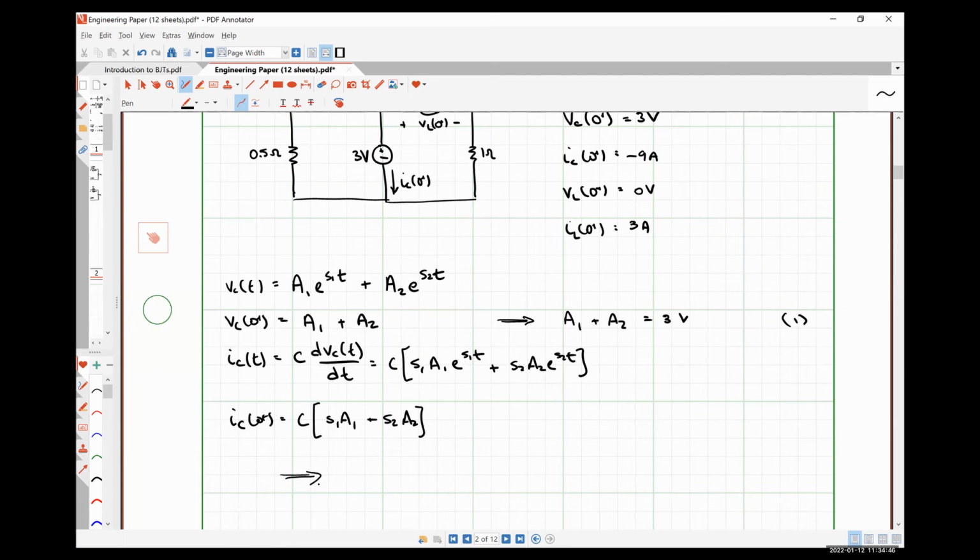From this, we have 0.25 farads times S1, negative 0.777, A1, plus 0.25 farads times S2, negative 7.723 per second, A2, is equal to our capacitor current at t equals 0 plus, which was negative 9 amps. There is our second equation.